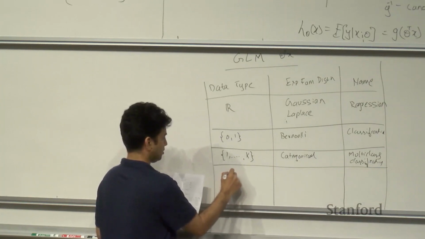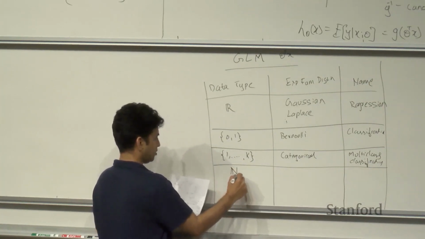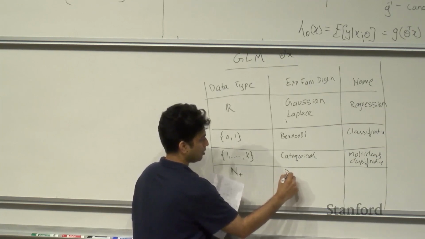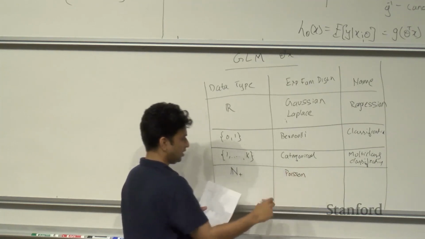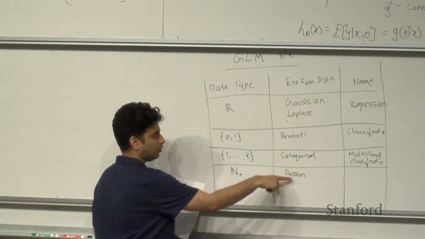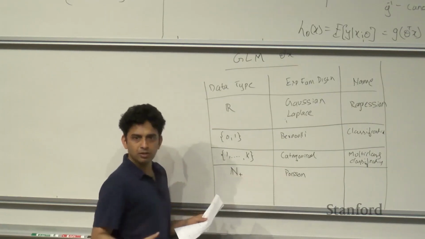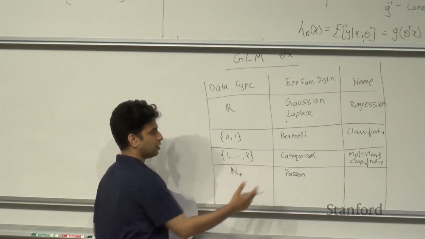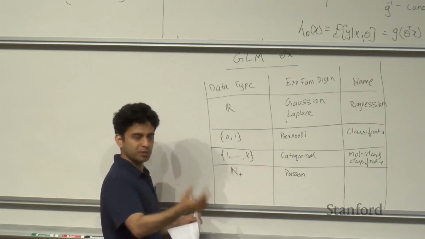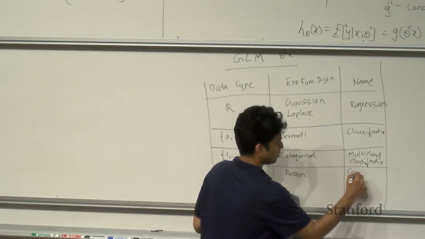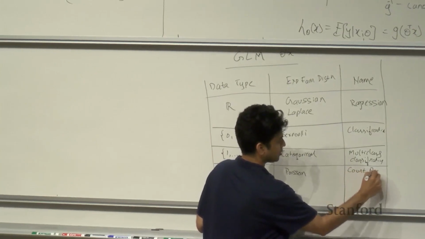If it is natural numbers or counts, one example could be Poisson. This is in your homework. In your homework, question 4 or question 3 or something, you're going to construct a generalized linear model for Poisson. Take a data set, fit it, make predictions, etc. And you call this either count regression or Poisson regression.